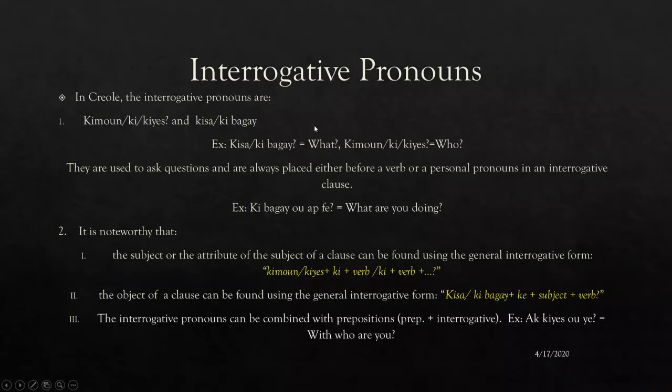Interrogative pronouns in Creole. The interrogative pronouns are kimoun, ki, kis, and kisa, kibagay. Remember, all those three, they all mean the same thing. You can use them interchangeably.